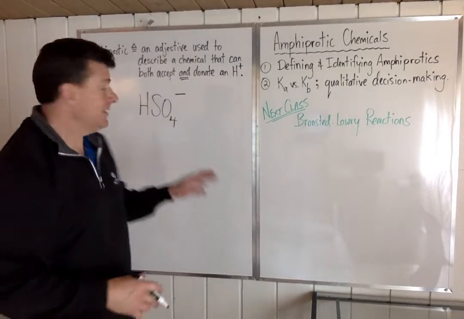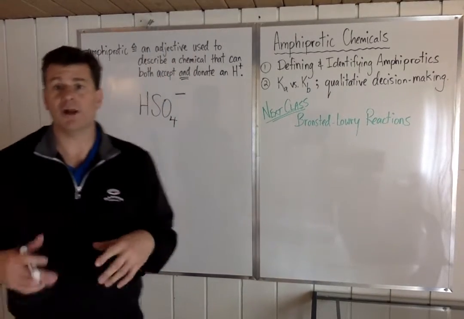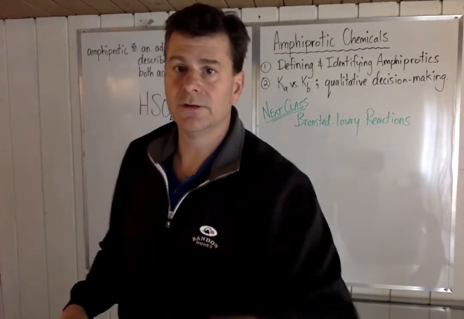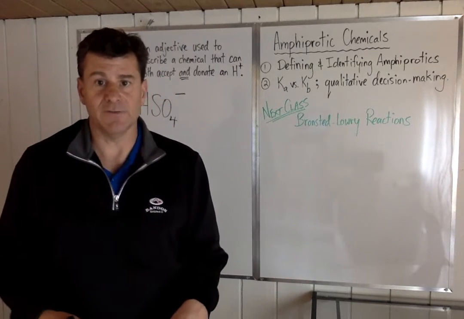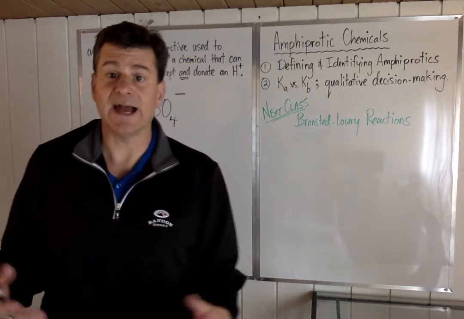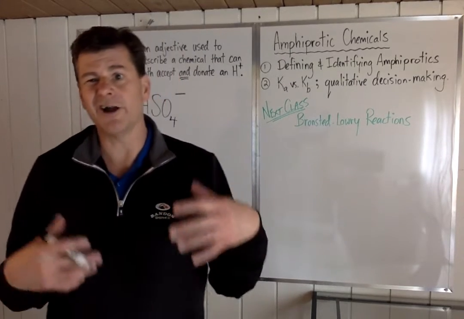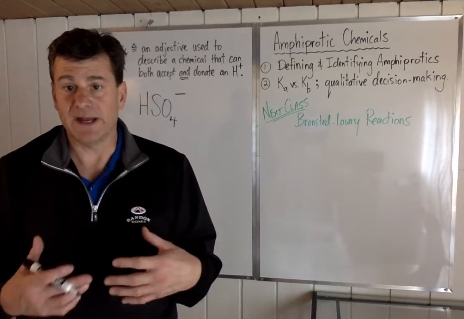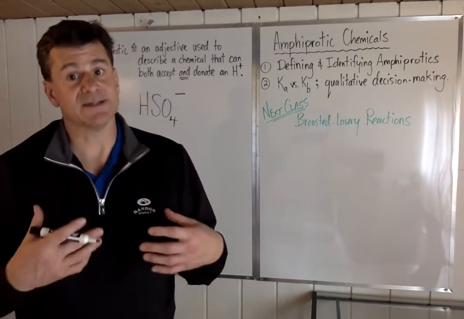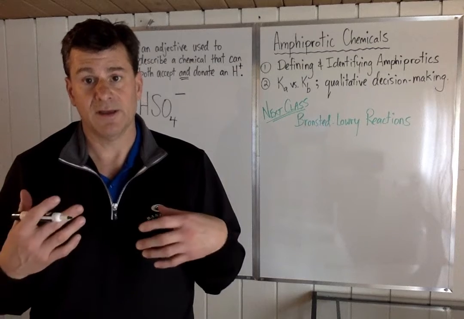Which means that this guy here cannot pick up a hydrogen from anything to go back to forming H2SO4, which means it doesn't act as a base. So even though on the surface it has the properties of an amphiprotic thing, it can only be an acid. It cannot be a base because it's the conjugate of a strong acid.